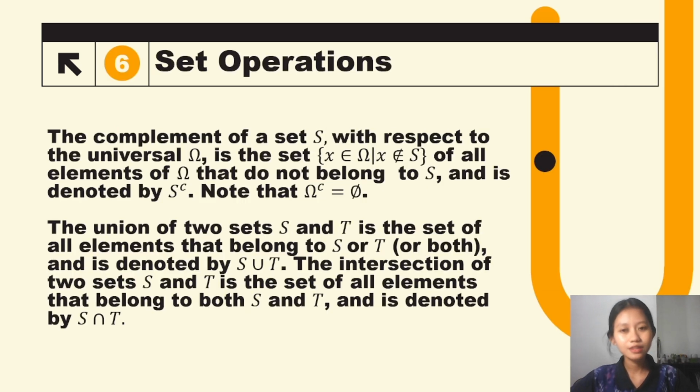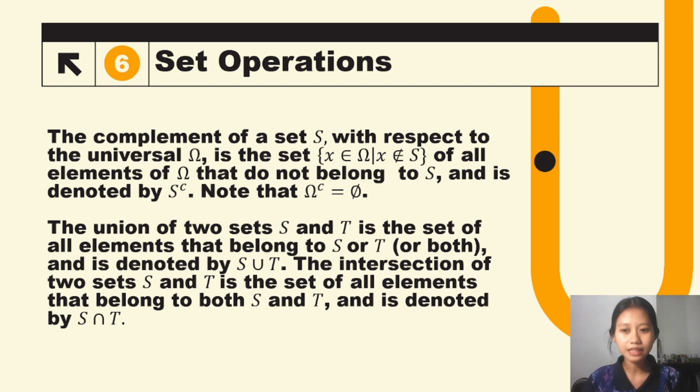Here, set operations. The complement of a set S with respect to the universal set is the set {x ∈ Ω | x ∉ S} of all elements of the universal set that do not belong to S, and is denoted by Sᶜ.